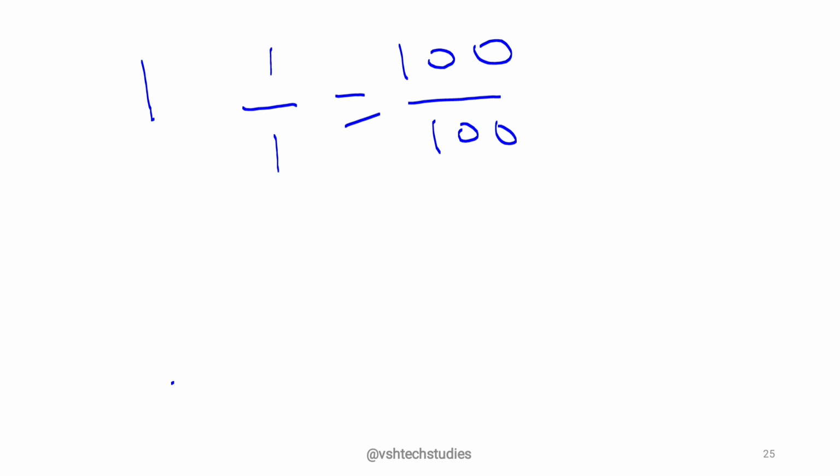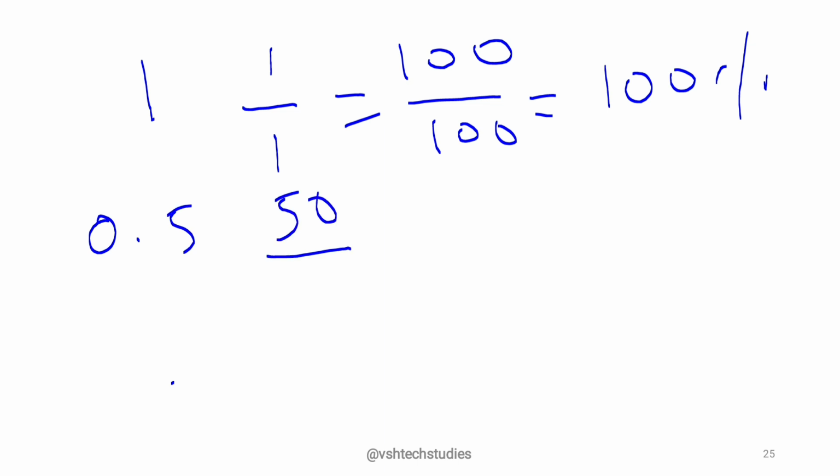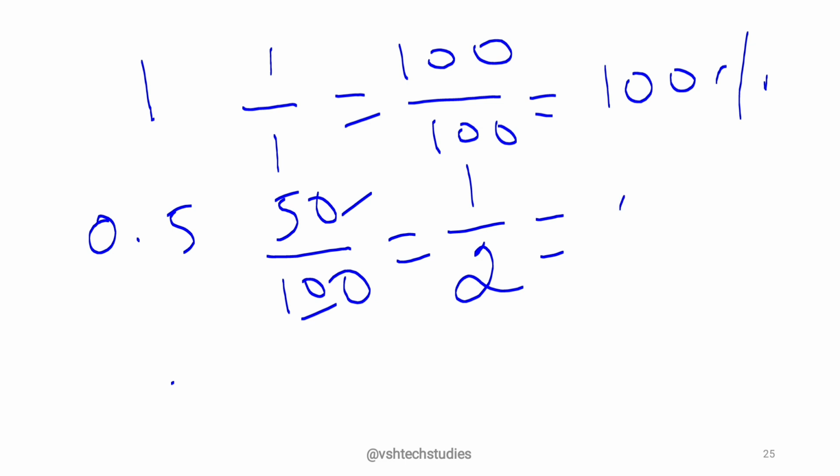Okay. Next, 1 means 1 by 1. This is also equal to 100 parts in total of 100. This is equal to 100%. Next, 0.5 means we can write 50 upon 100. So out of 100, 50 are chosen. This is also equal to 1 by 2, which is also equal to 50%.